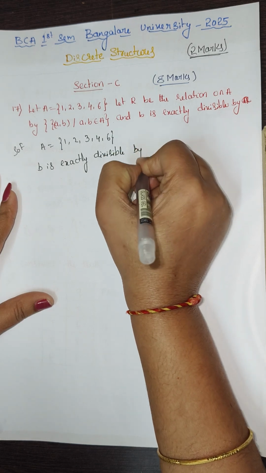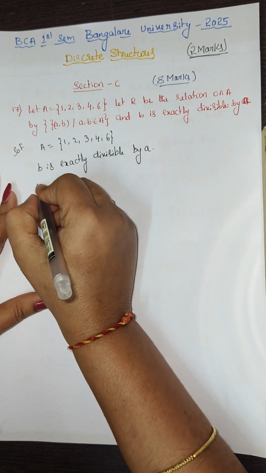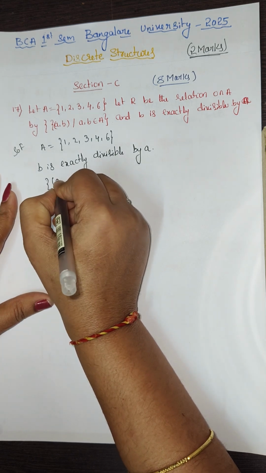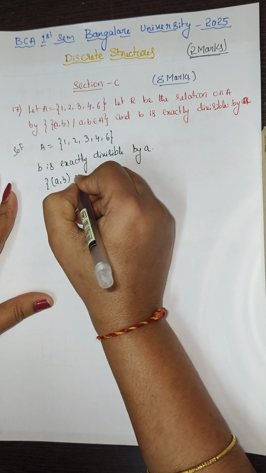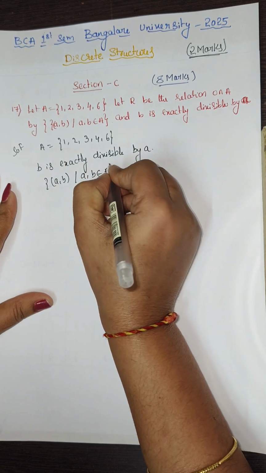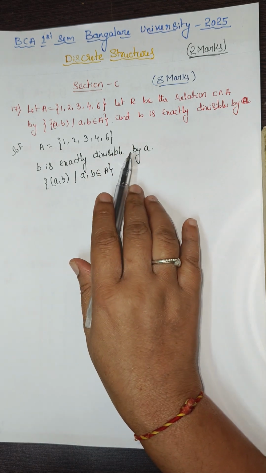And what is the relation here? (a, b) such that a and b both belong to A and b is exactly divisible by a.